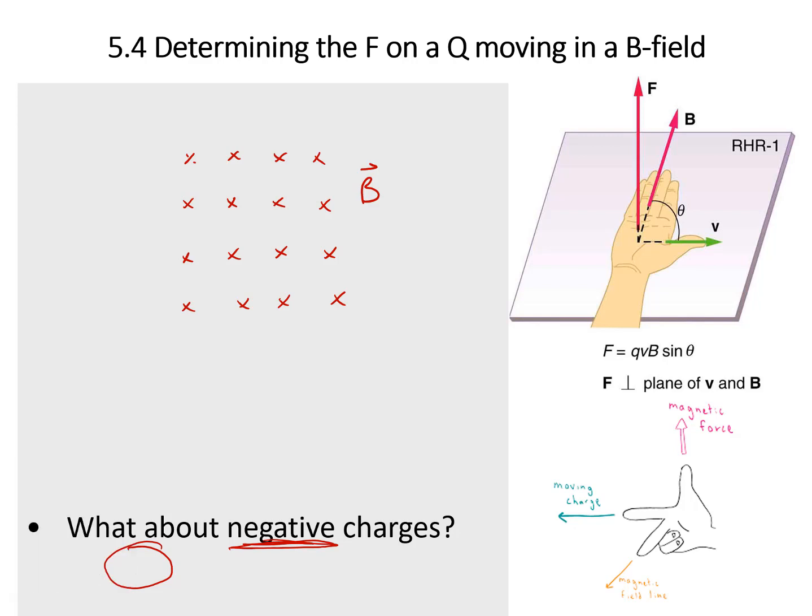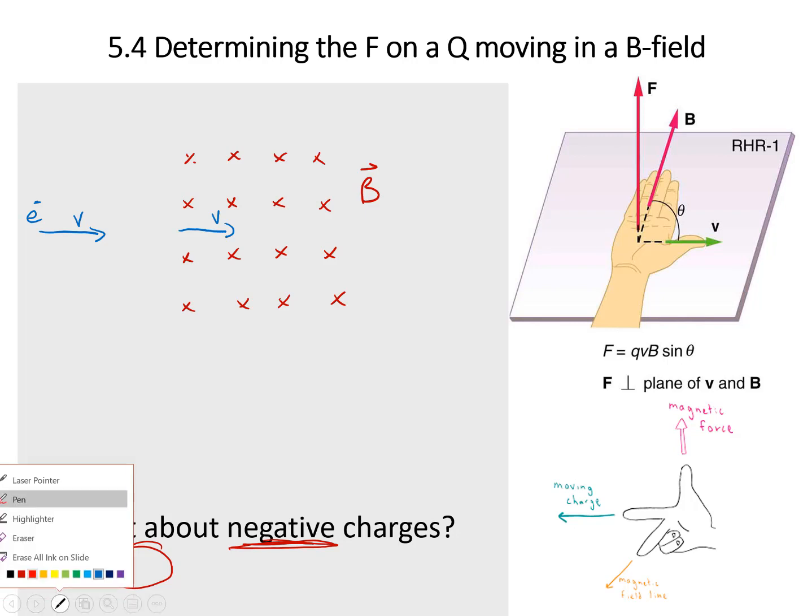Let's say we have an electron, a negative charge, coming in with some velocity v. Once it enters that magnetic field, it's going to feel a force, and in this case I'm going to use a left-hand rule to determine the direction of the force. So I point my fingers in the direction of velocity, curl into the magnetic field, and using my left-hand rule, the force is going to be straight down. So I will label my force in orange.